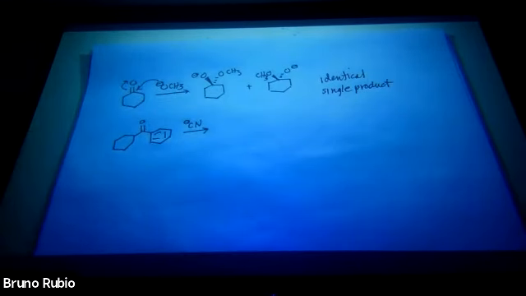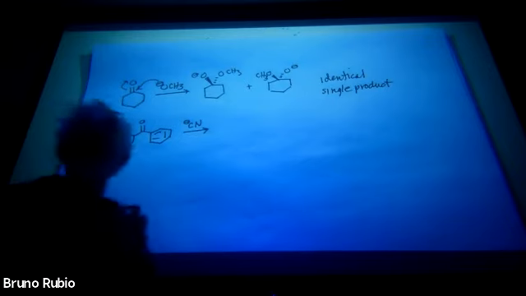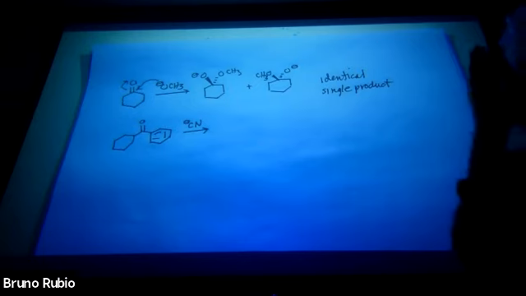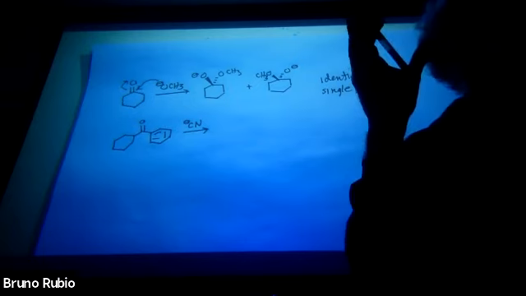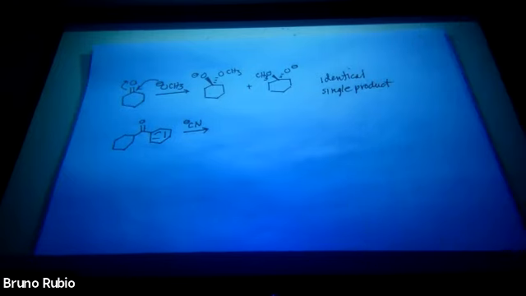Okay, and so now the question I'm asking you is, draw the structure of the product or the products, include dashing and wedging, and then tell me whether those products are identical structures. In other words, do we get a single compound, or are they enantiomers, or are they diastereomers?